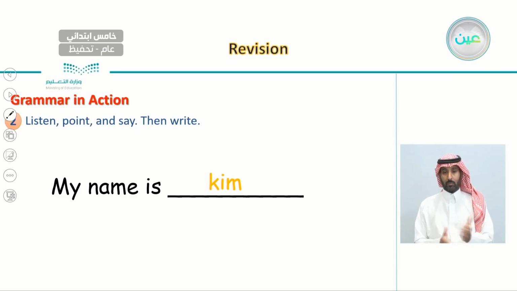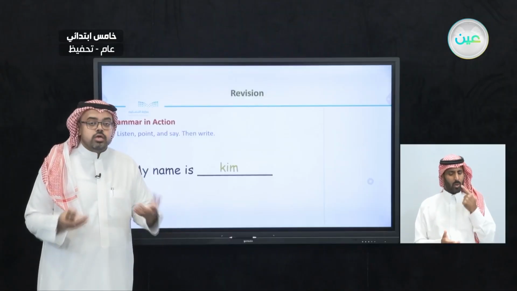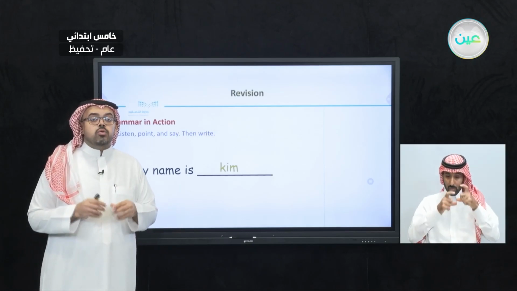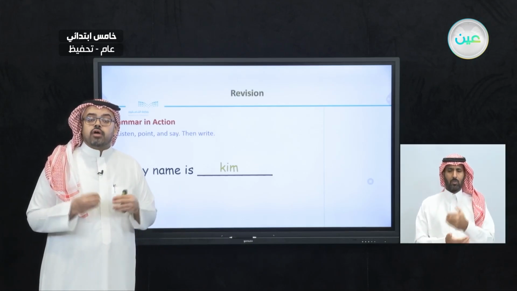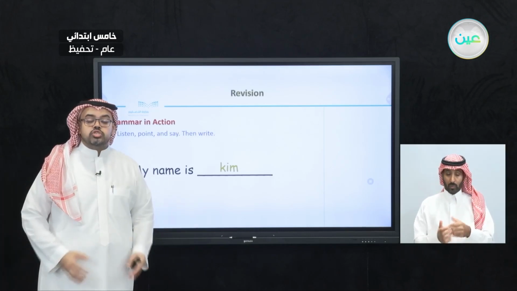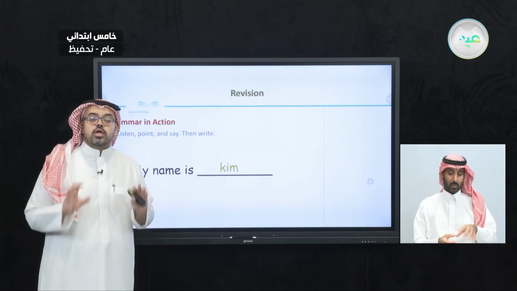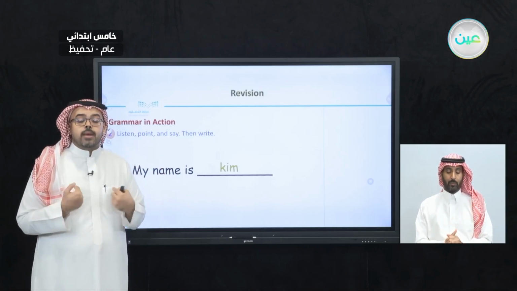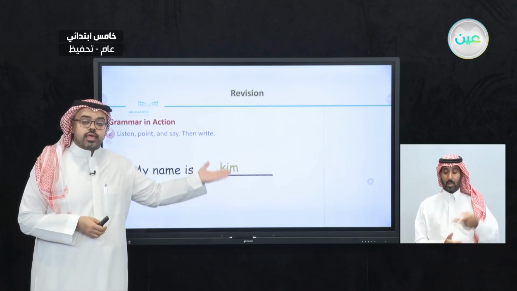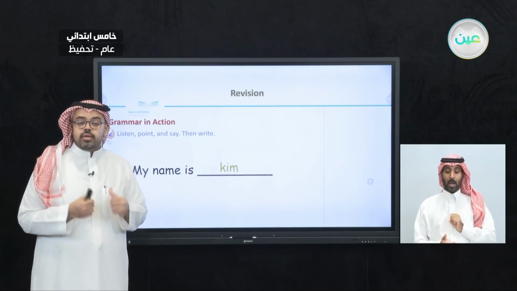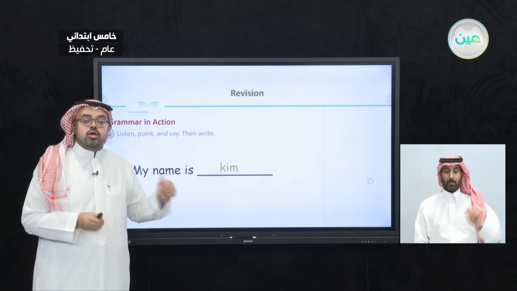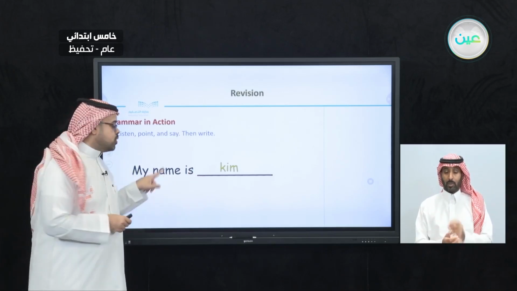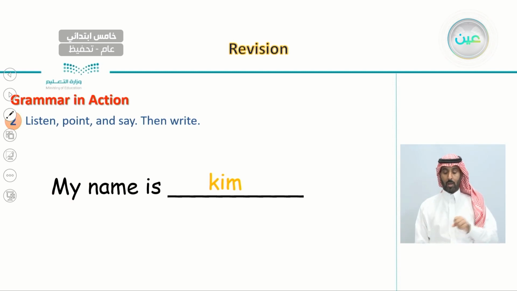And after we listened to Kim and got to know her family from the photo frame, we said that now we can write down all of this information in sentences. And the first sentence we started with is this one. My name is Kim. So here we learned when we use my, I'm talking about myself.